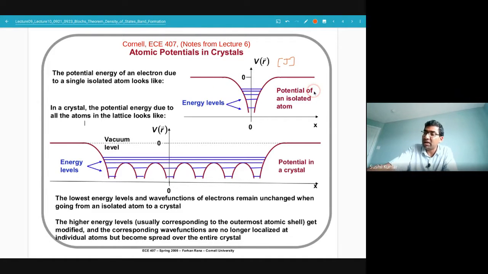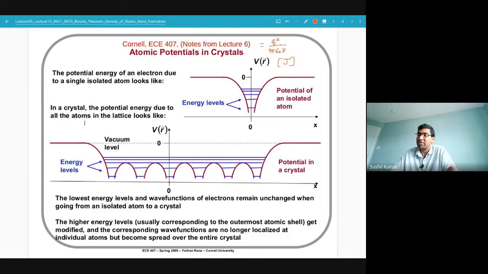So remember, the potential will be of this form: q squared over 4 pi epsilon r in spherical coordinates, where r is the distance between the nucleus and the electron.